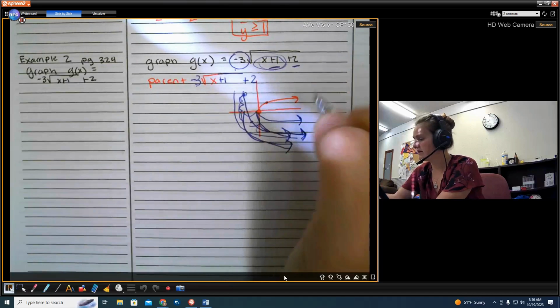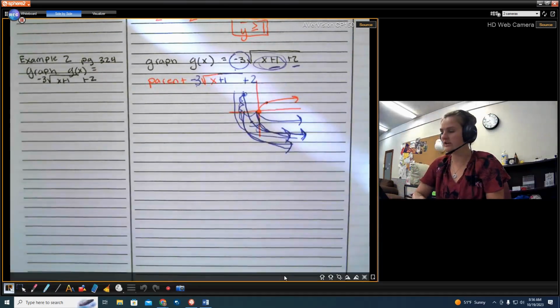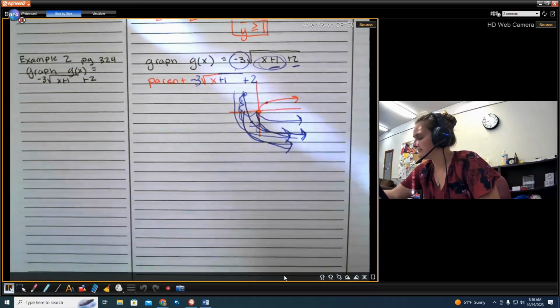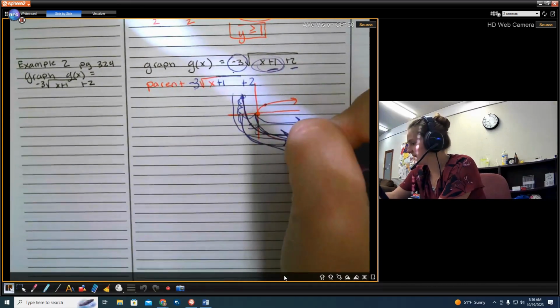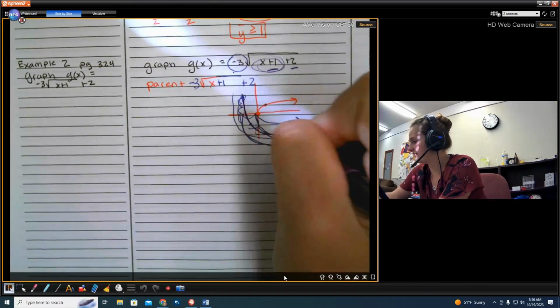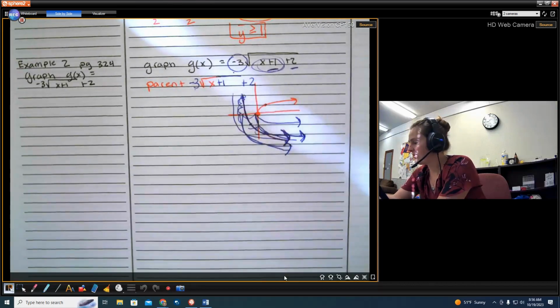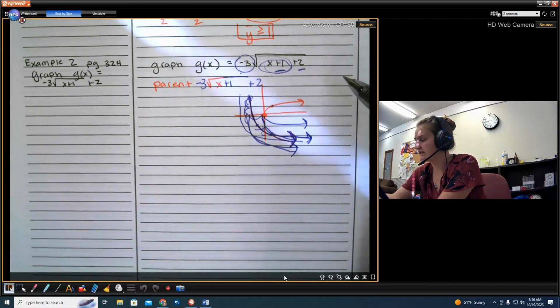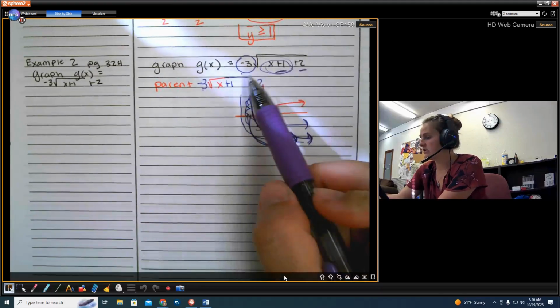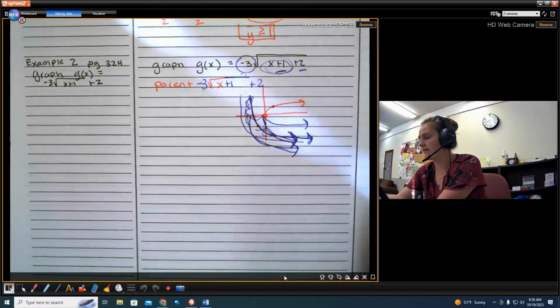So this here is my final, and I'm actually going to put a different color on that so I know that this is the final graph. Another way to do this is you can do all of what you would know and do them individually on separate graphs. So you could do the -3 on one graph, and then the +1 on the next graph, and then the +2. So you would do like a series of graphs.